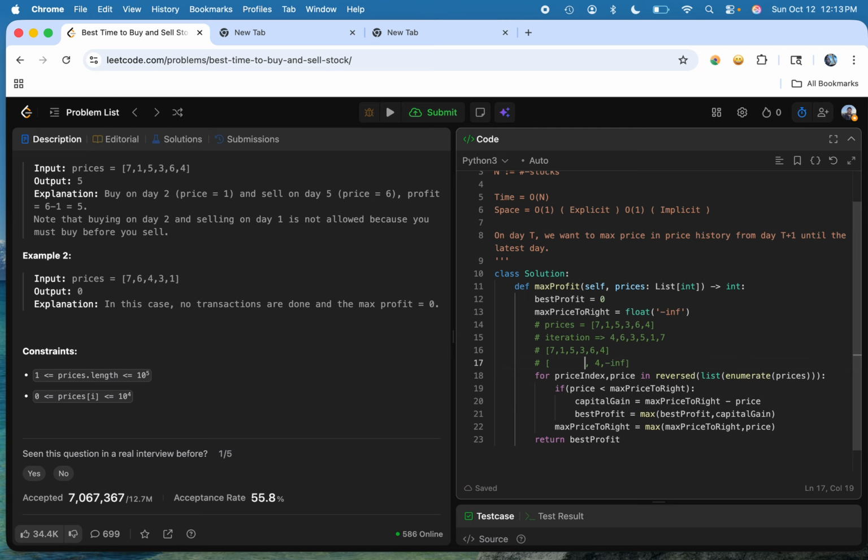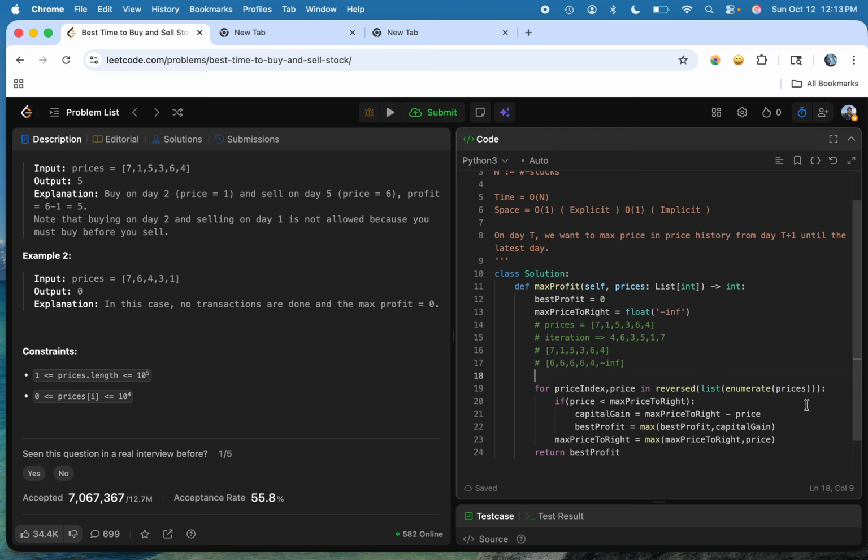4, 6, 6, 6, and 6 again. And if we come over here and we ask ourselves in this update, when is the price less than the max price? There are 3 locations this happens.